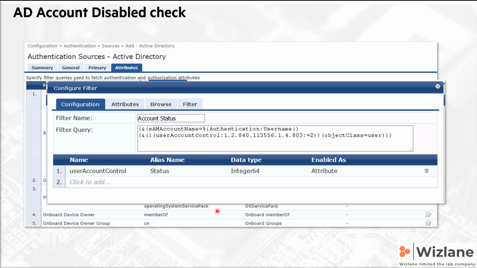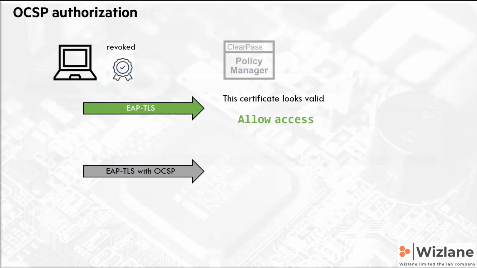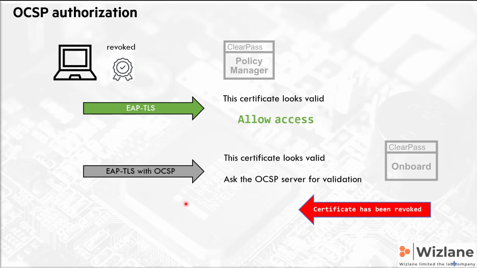Also, not only the account, we can look into the actual certificate itself. The certificate might look valid. The ClearPass onboarding process will only be able to verify if the certificate is still valid or revoked by including OCSP in the authentication.